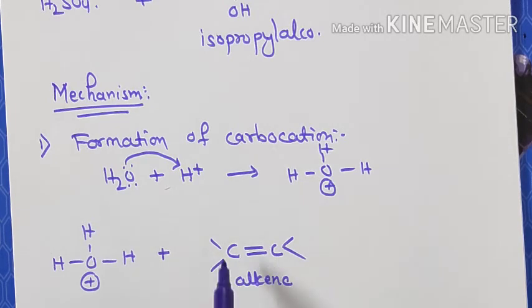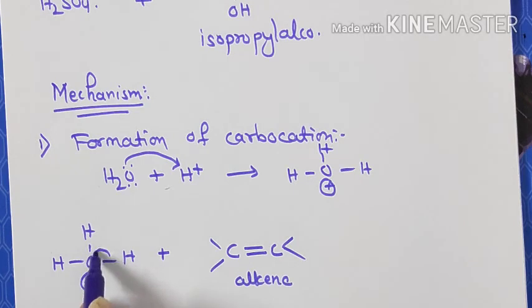See, this oxygen is positive, that means it is electron deficient, and oxygen being more electronegative will not like to be electron deficient. Oxygen cannot hold a positive charge. So what is it going to do? It is going to take the electrons of this hydrogen, so the electrons will come here.